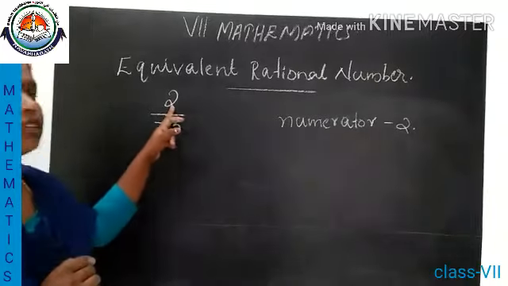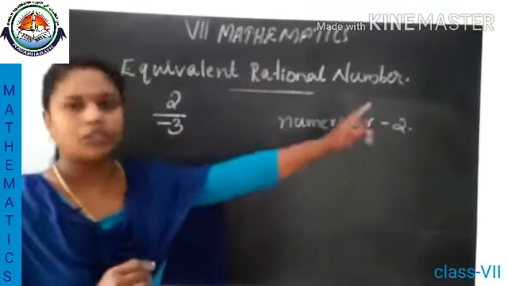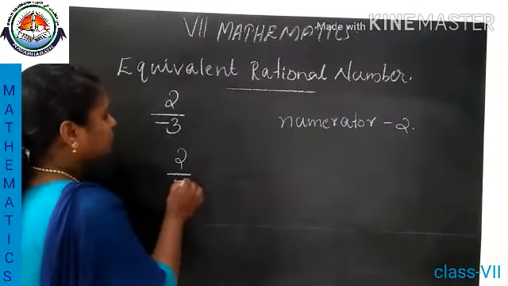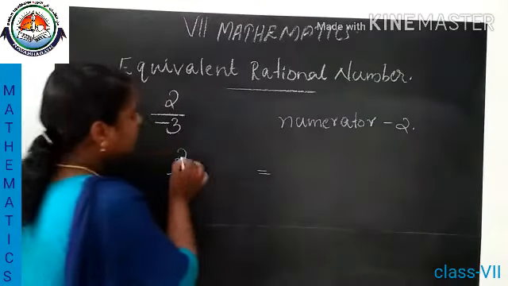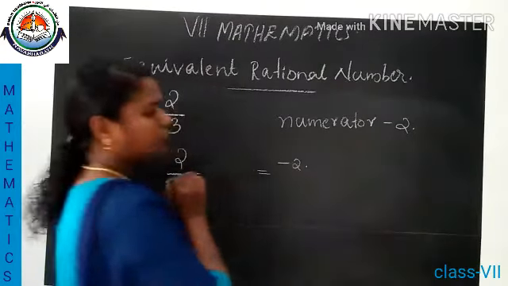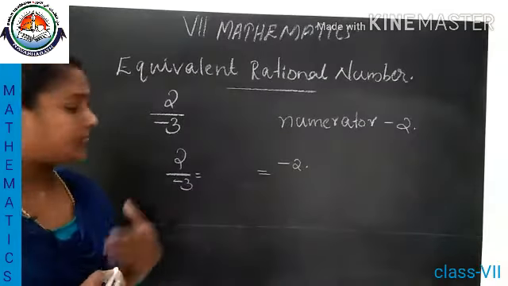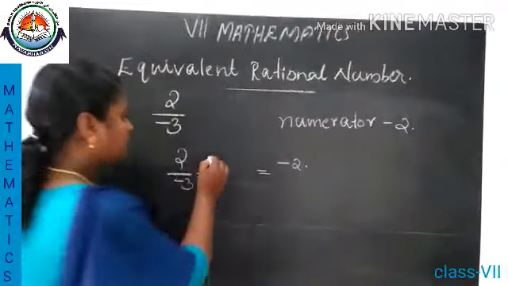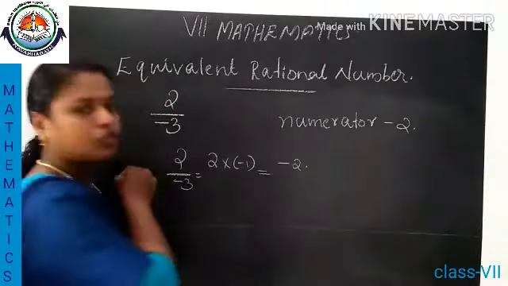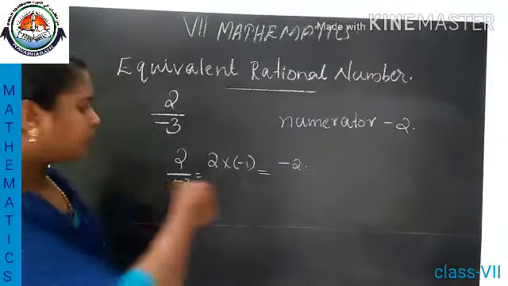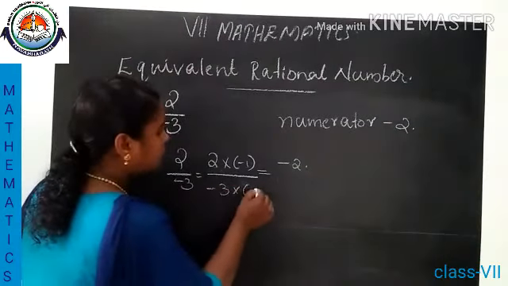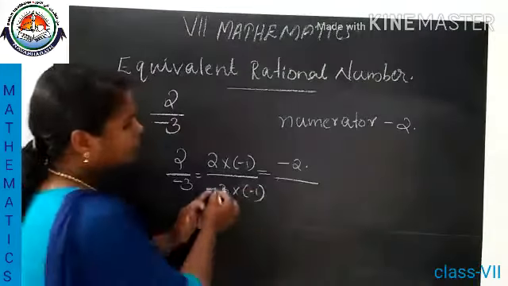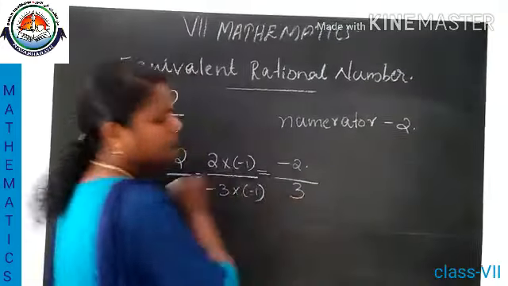We need to change this 2 into negative 2. How can we change? Yes, here we need to multiply this with negative 1. So 2 into negative 1 is negative 2, and negative 3 into negative 1 is 3 itself.